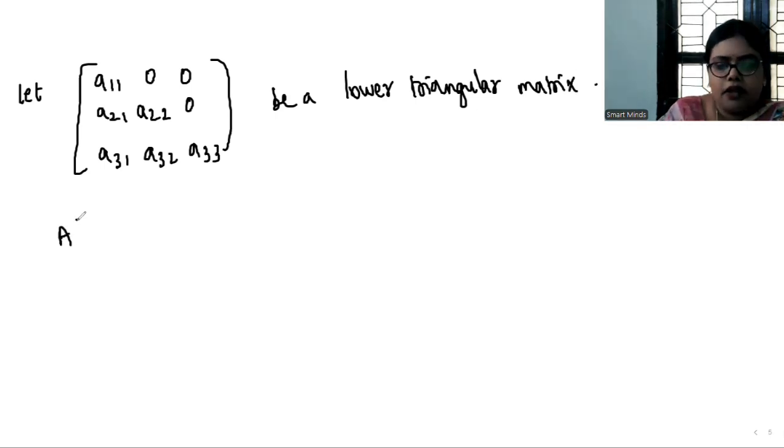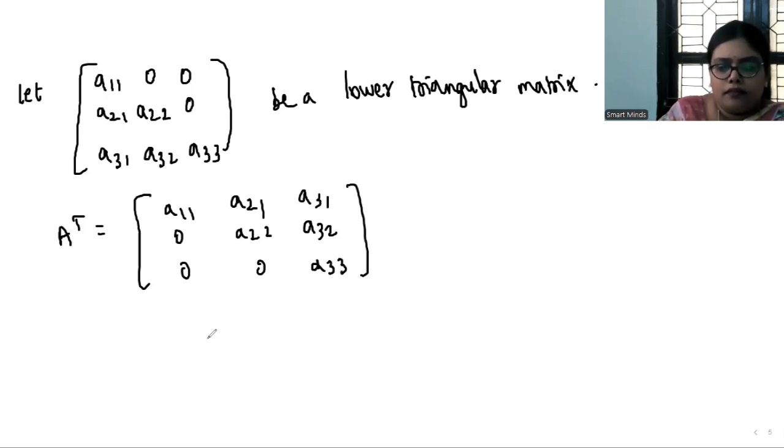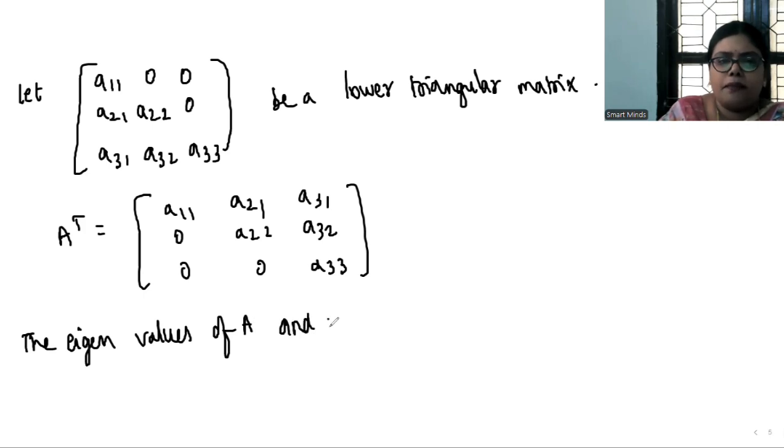So what is A transpose? Transpose means interchanging rows and columns. So the row you write in the form of a column. So automatically columns will be arranged in the form of rows. Now you can see the eigenvalues of A and A transpose are same.